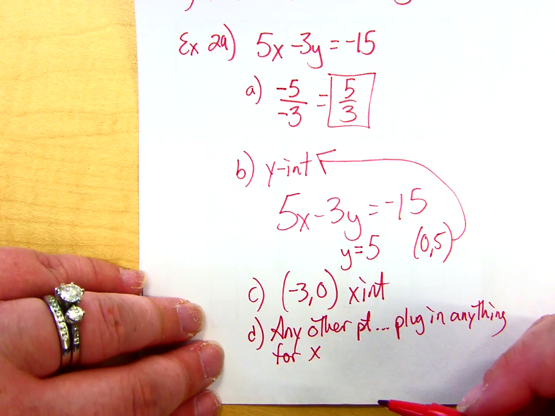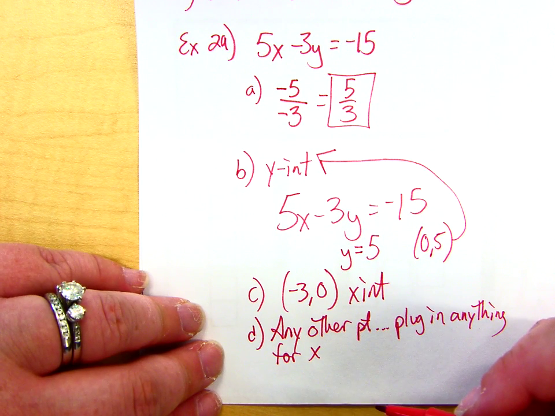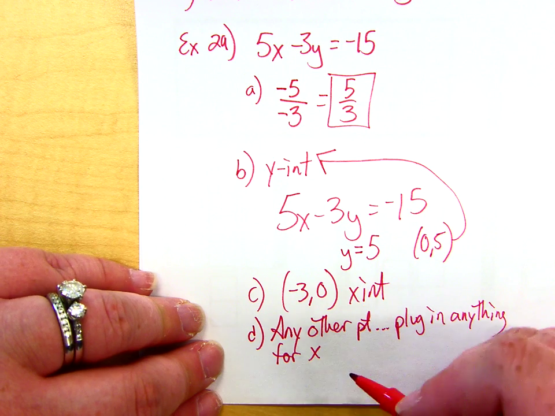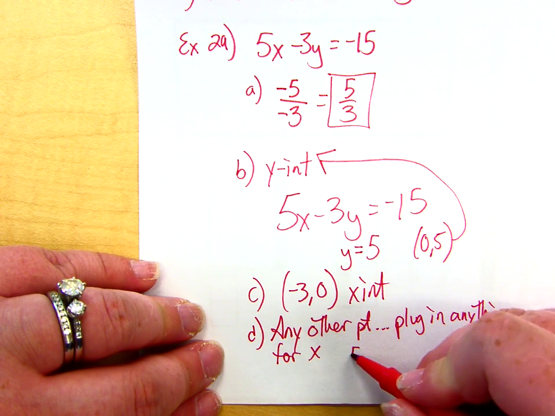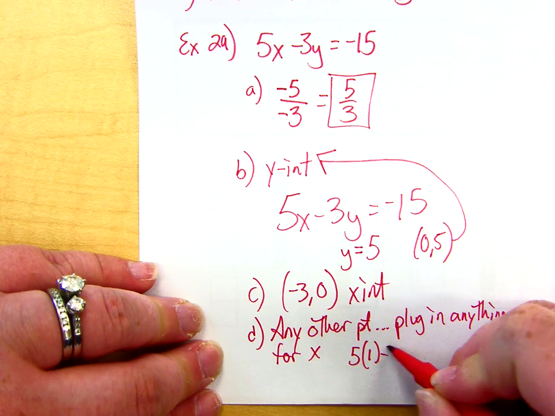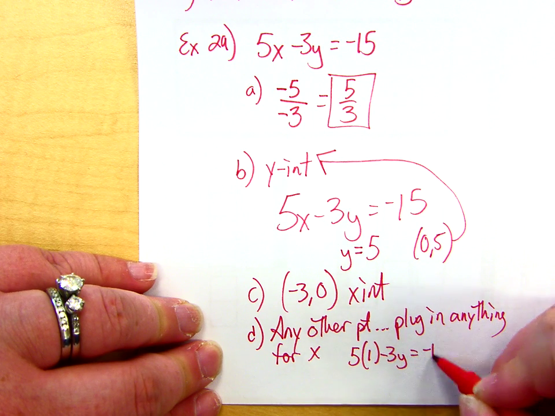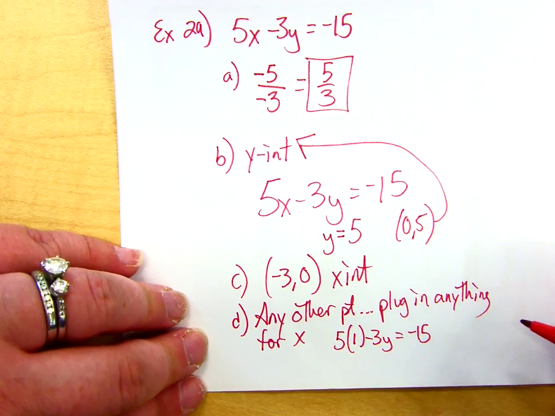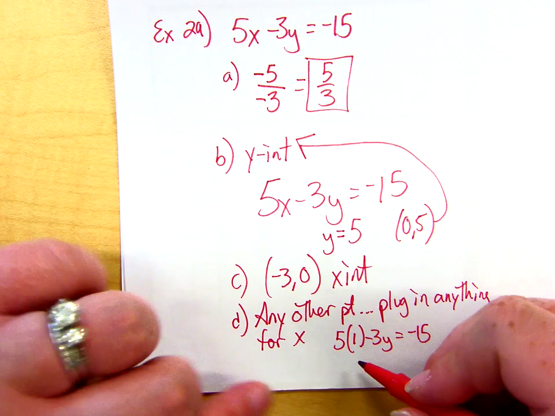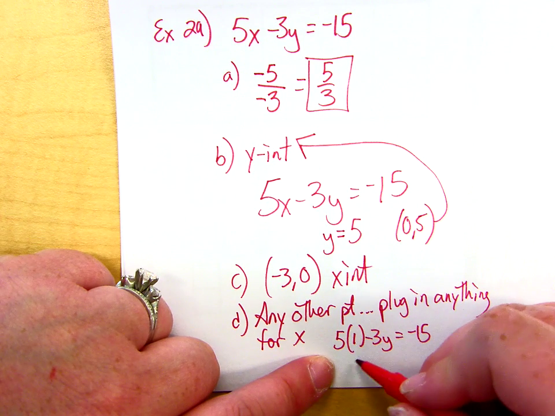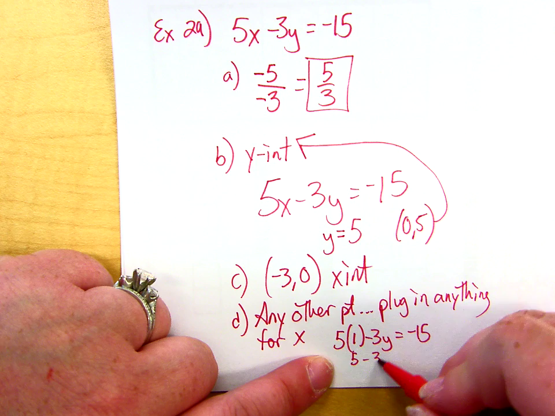So, I don't know, what do you want to plug in? 1? Yeah. Seems like a good idea to me. So if we plugged in 1 for x, and then just solve for y, that shouldn't be too bad. Oh, it's not going to come out nice, but who cares?